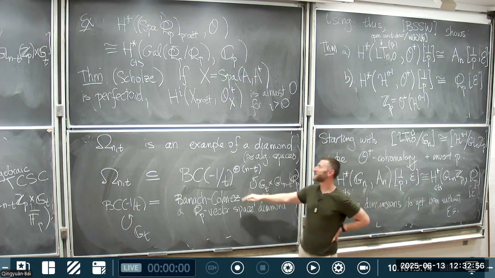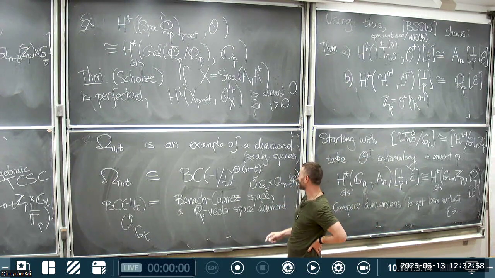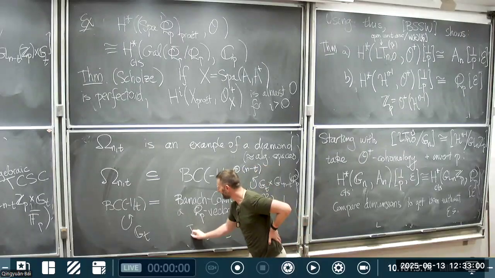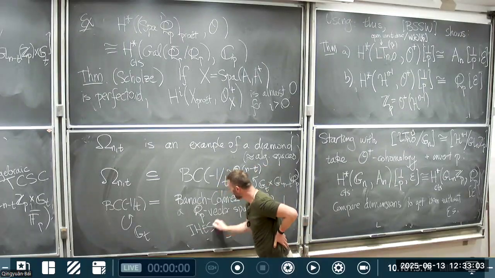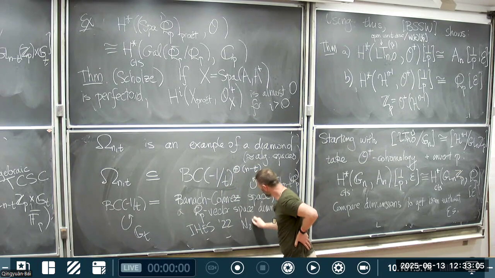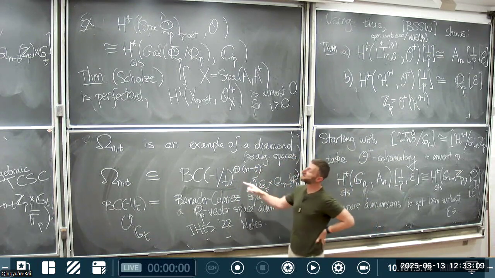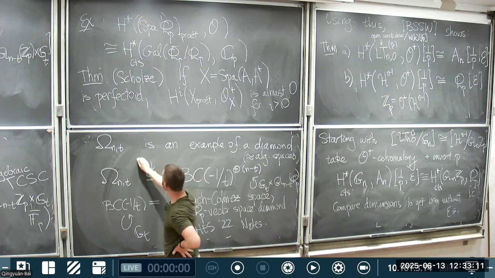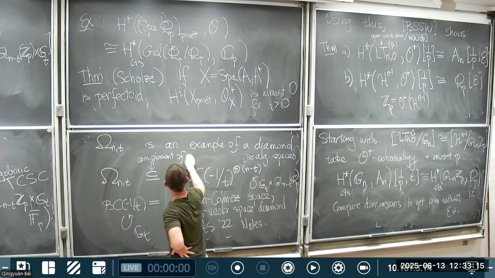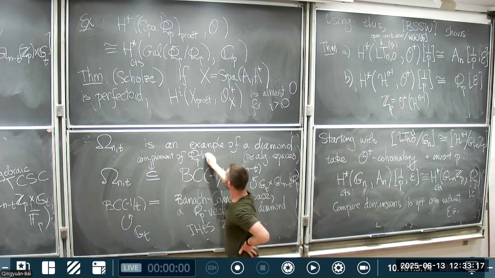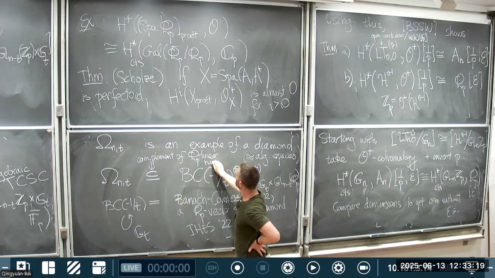For much more on this, maybe I can refer you to my IHES 22 notes. Now, what a BC space is, I can also tell you that this is the complement of all Q_p linear hyperplanes.